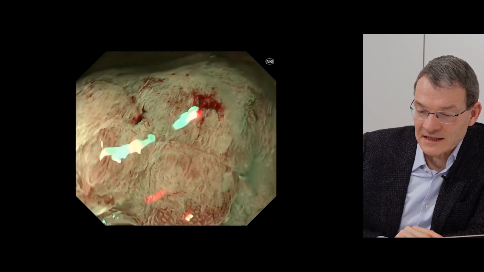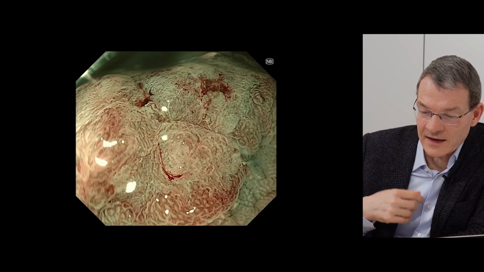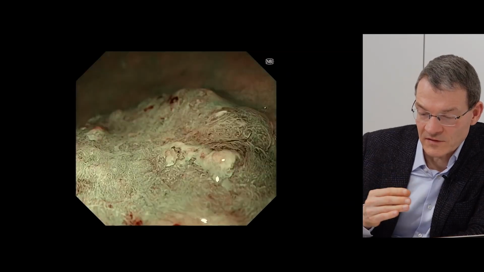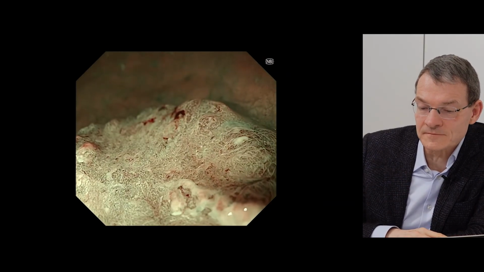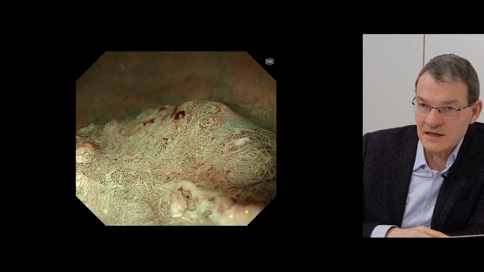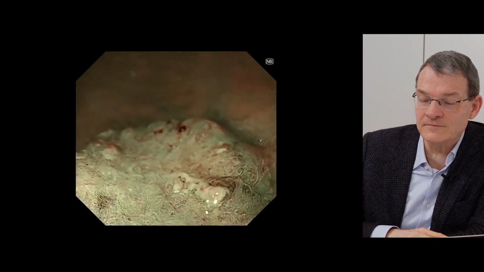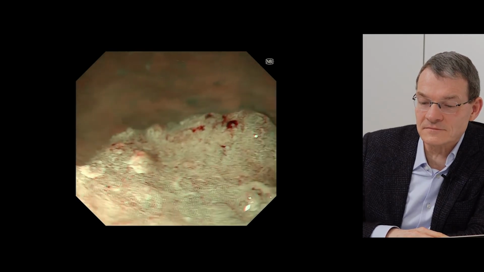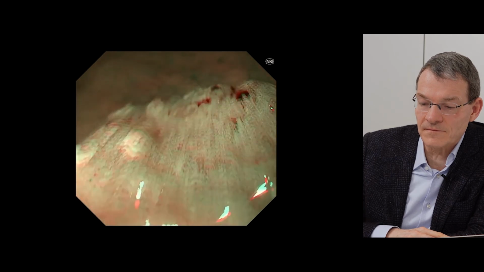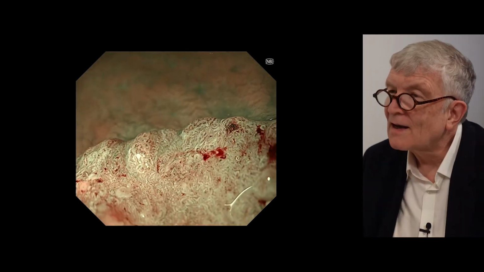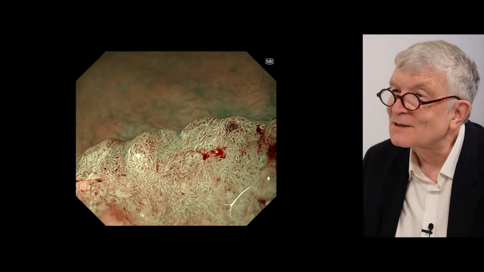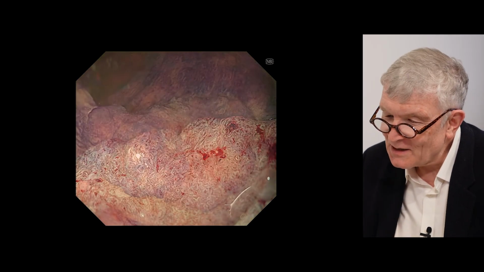And very nicely, the most suspicious area appears more silver with this endoscope. So we are tracing here this polyp. It makes the ugly areas more beautiful. Exactly, yes. Imaging, but they're still ugly.